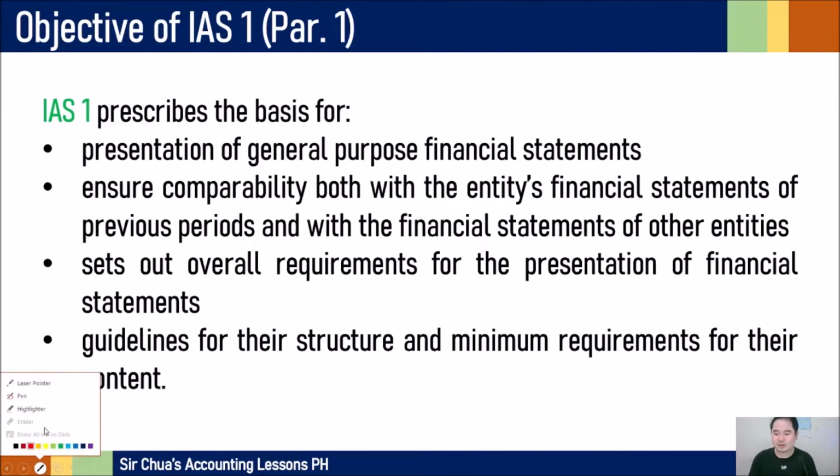So, sila po ang magbibigay sa atin ng basis para po sa ating pag-prepare ng general purpose financial statements. Later on in our discussion, we will be discussing ano po ba yung sinasabi nating general purpose. Okay? And then IAS 1 prescribes also that we ensure comparability both with the entity's financial statements of previous periods and with the financial statements of other entities.